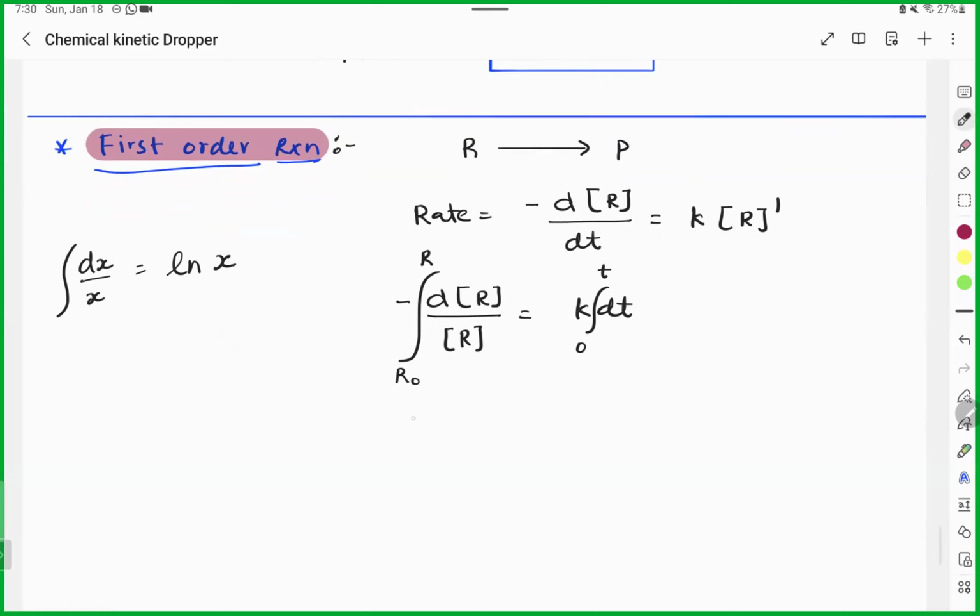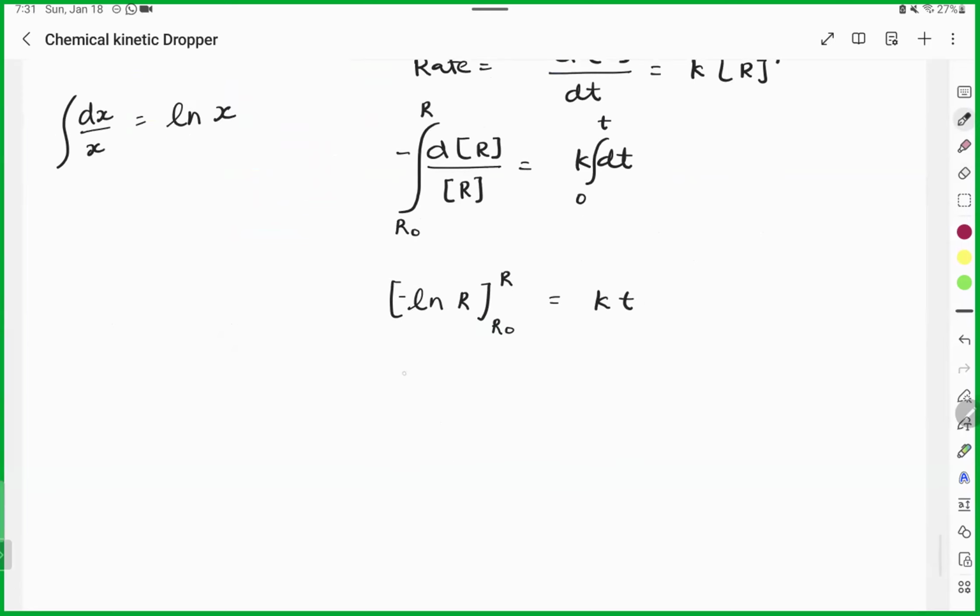The integration of dR by R will be natural log R, with limits from R naught to R, and here it will be kt. If you put in final minus initial, can you say natural log R naught minus natural log R is equal to kt?